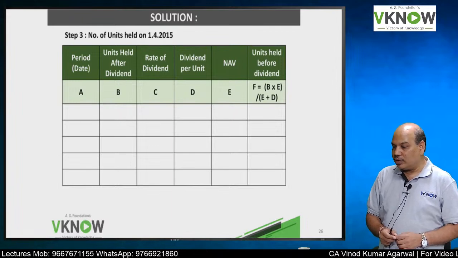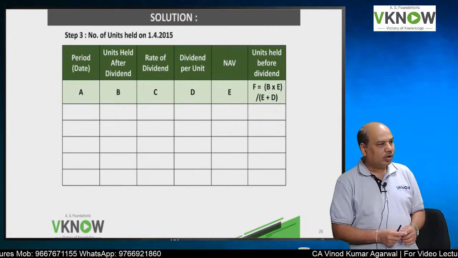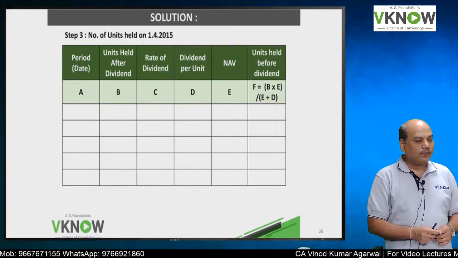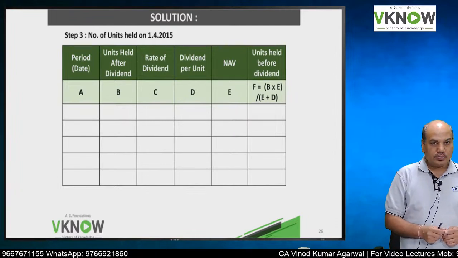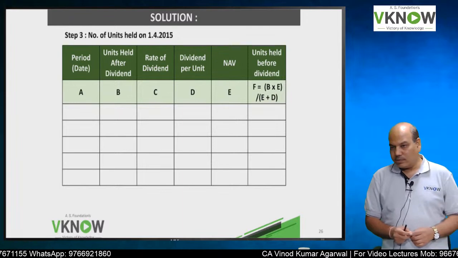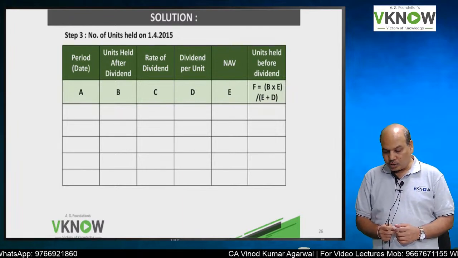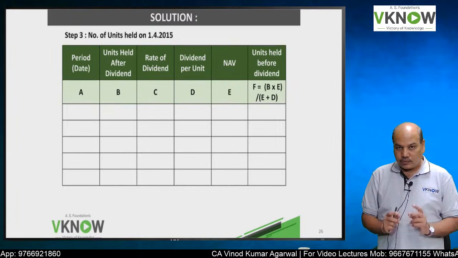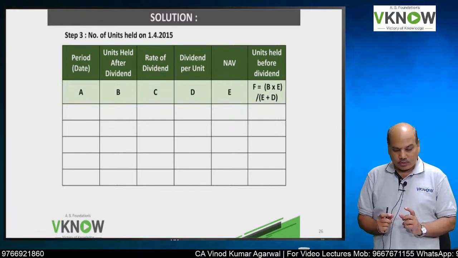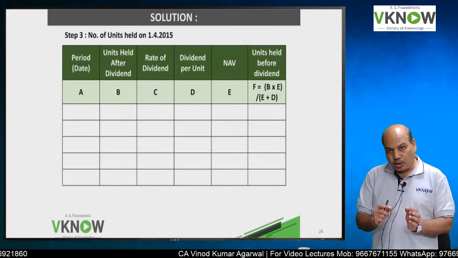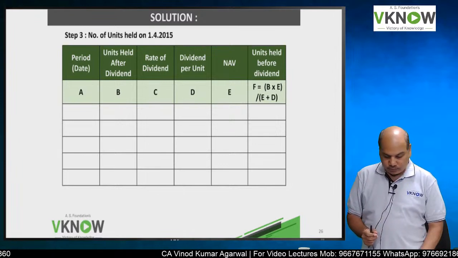Third column: rate of dividend. Fourth column: dividend per unit. Fifth column: NAV, and the last column: unit held before dividend.